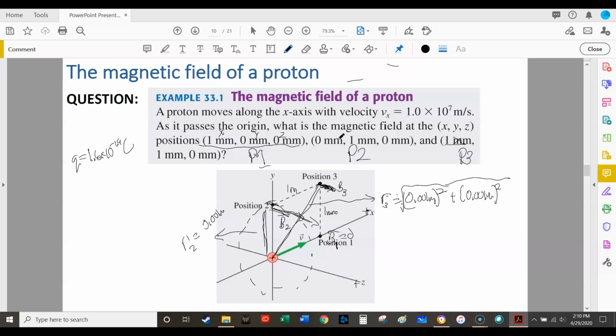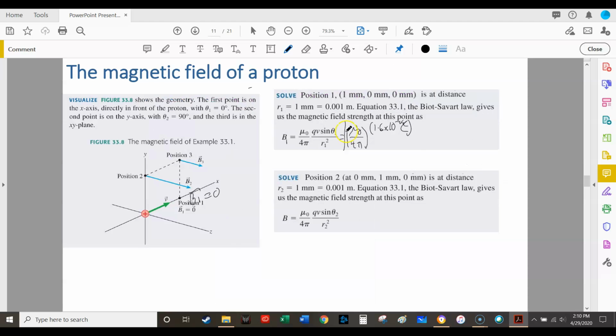Our speed is 1 times 10 to the 7th meters per second. And it's a distance 0.001 meters away, but you're squaring that because that's R1 squared. So that's 0.001 meters away.